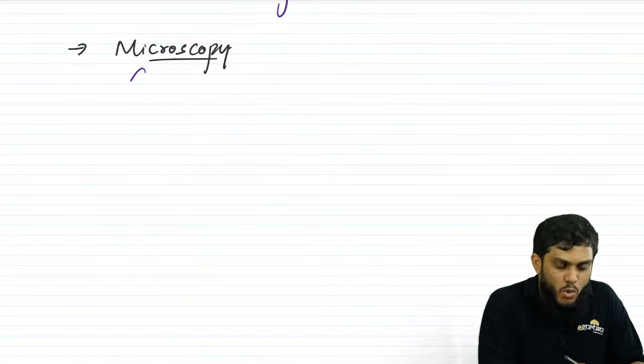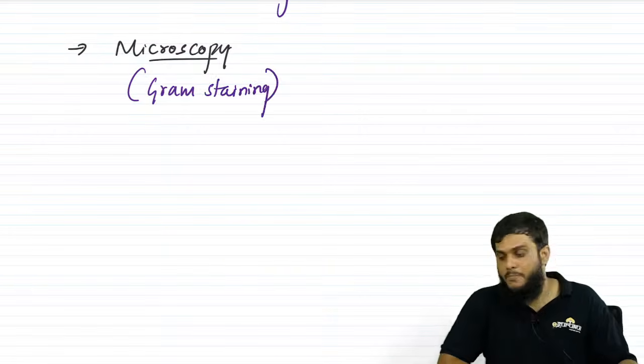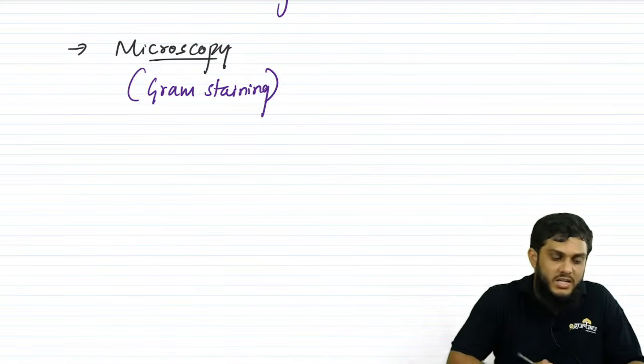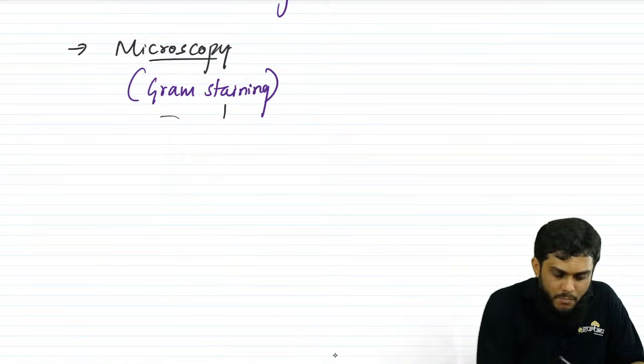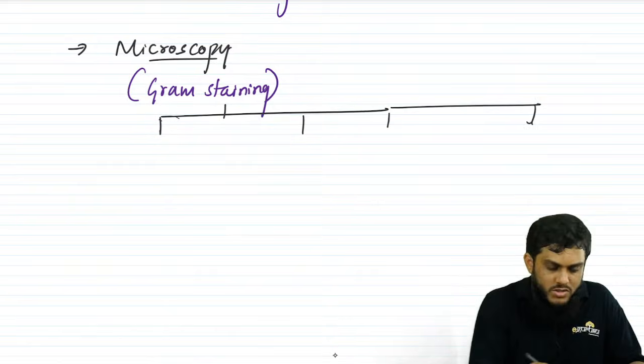We know that the most commonly used staining technique for bacteria is gram stain, as we have already discussed. So if we perform gram stain, there are 4 possibilities.